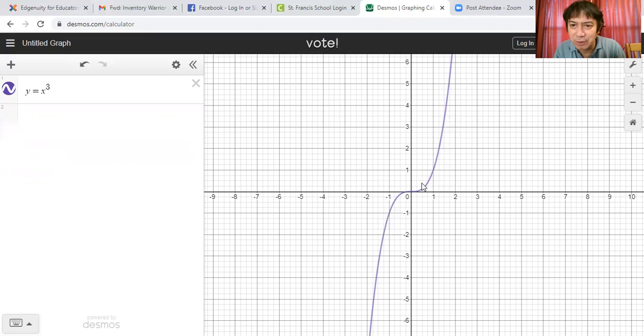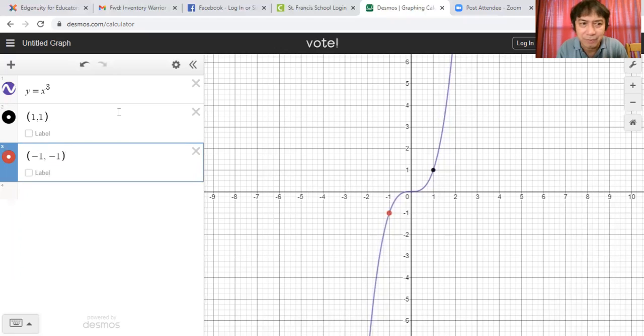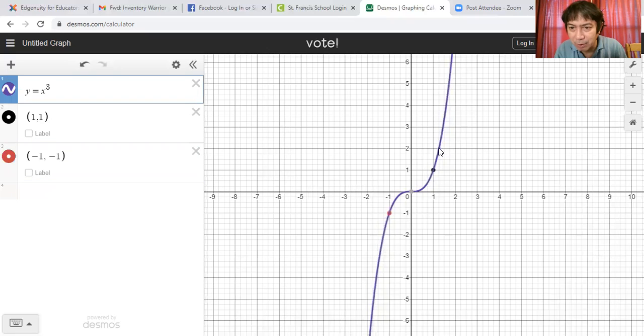So 1, 1 is over here, and on the third quadrant, we have the negative 1, negative 1 there, the red point you can see. You can just use your pointer here. There's a point there that has a corresponding point over here.